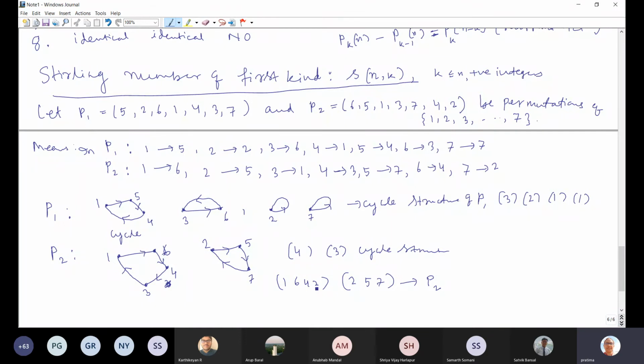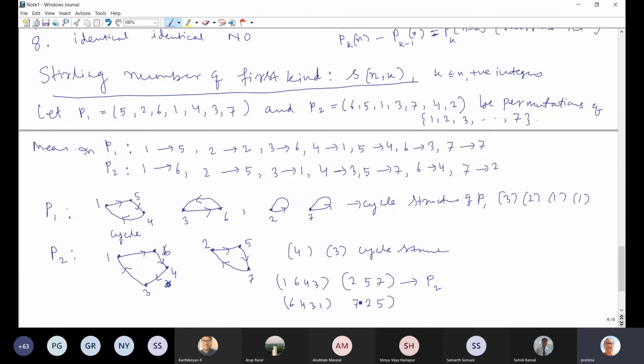The same cycle you can write starting from any element, it doesn't matter, but it must be in cyclic order. I could have written 4, 3, 1, 6, or 7, 2, 5.